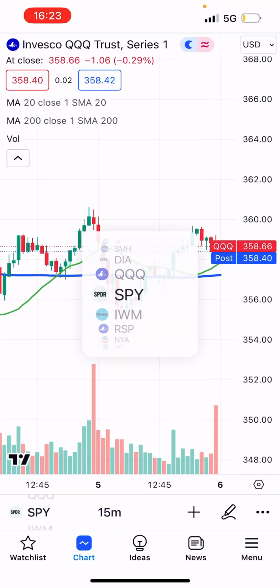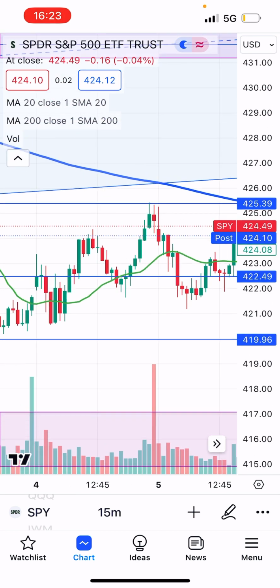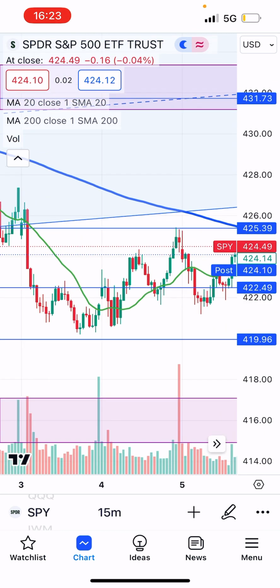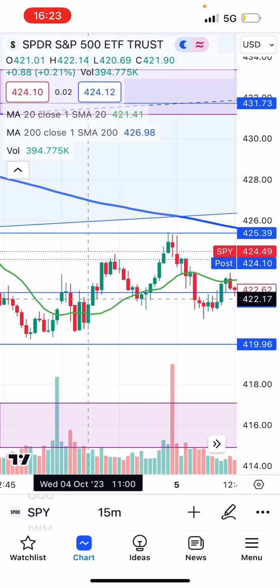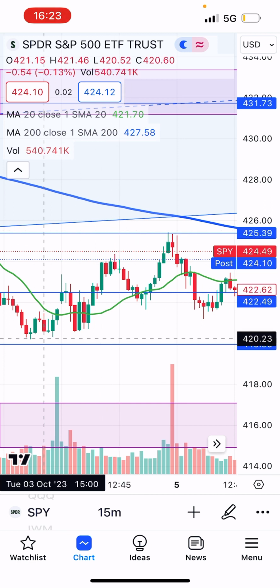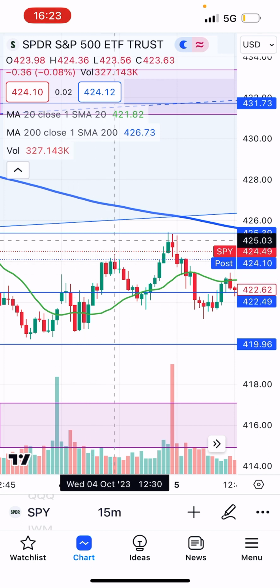Okay, so if I just pull up the SPY chart, here the put wall was at 425, right, which is up here. Okay, so you see SPY went from 420 and came back up to 425.